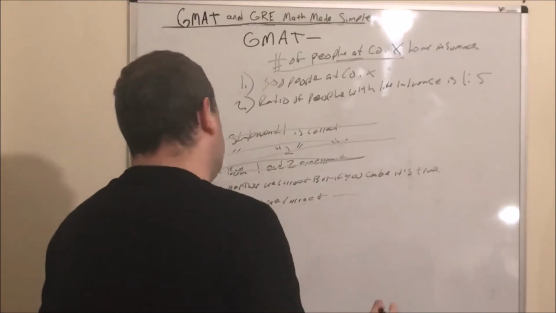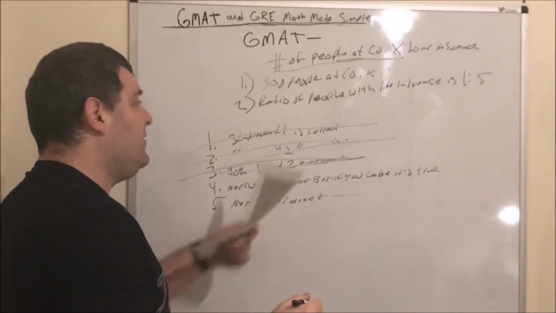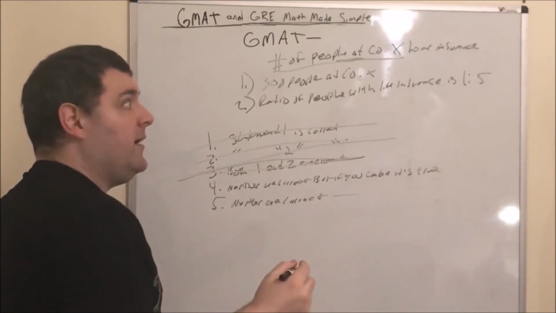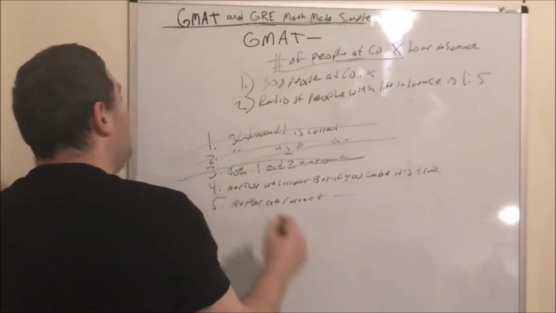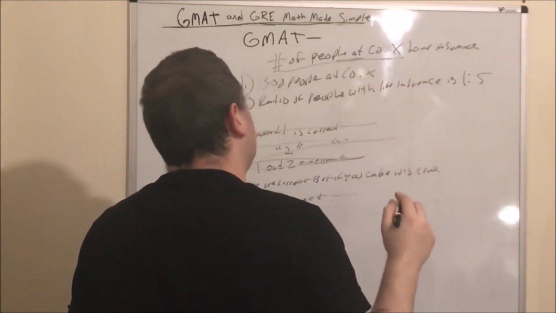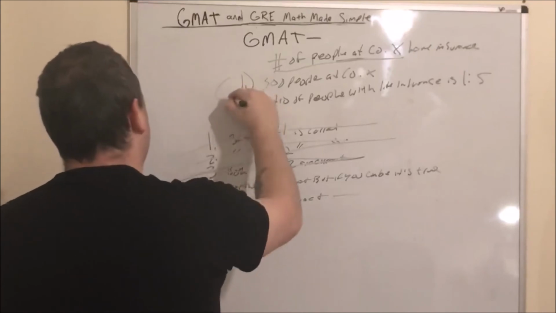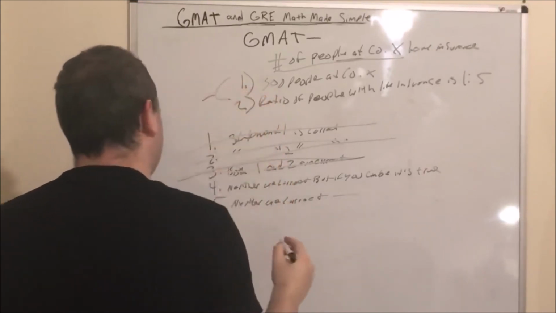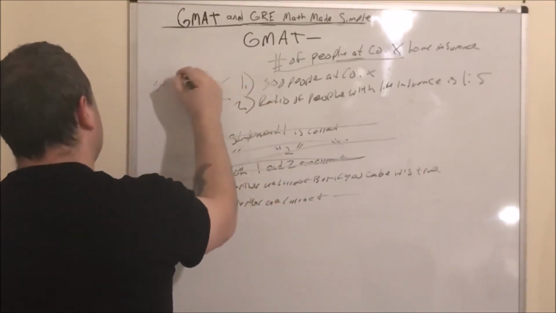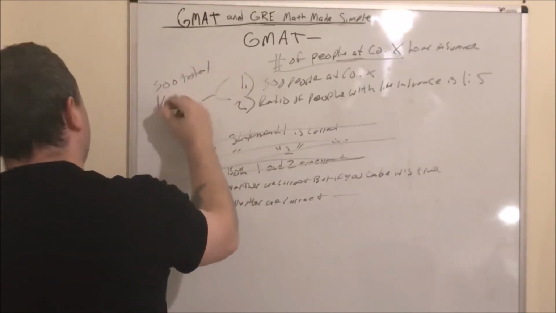Now we have 2 options left. They said either is correct by itself, or if you add them together, then they would be correct. So we'll go to the 4th one, and we see, is there a way to find out how many people at company X have insurance? Well, in this case, when you add both together, you will see that it does work out, because there's 300 total, and the ratio is 1 to 5.